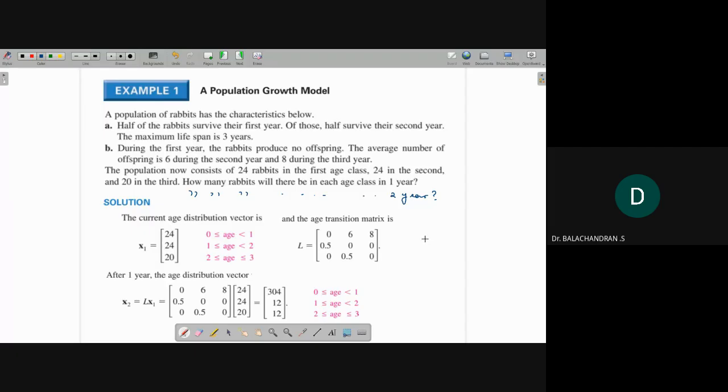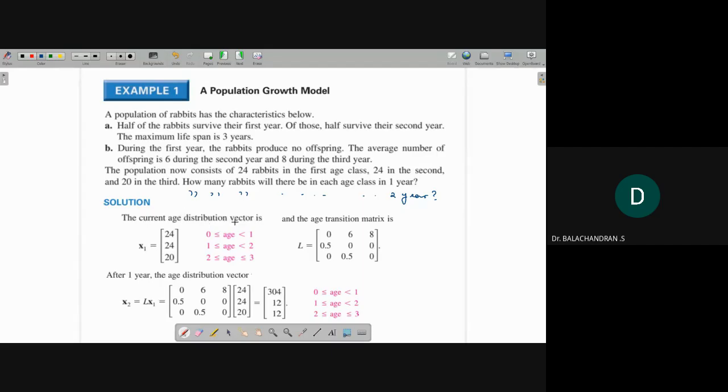So first, the population now consists of 24 rabbits in the first age class. So 24. I told you that x1 is the age distribution vector.